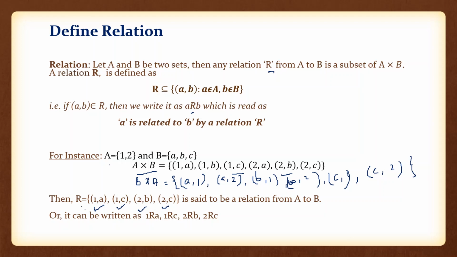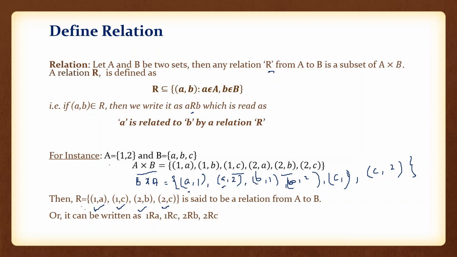This is A Cartesian B, A to B. So the first element from set A will always be first: (1, a), (1, b), (1, c), (2, a) like that. But when we are writing B Cartesian A, then elements of B will always be first. So (a, 1), (a, 2), (b, 1), (b, 2), (c, 1), (c, 2).